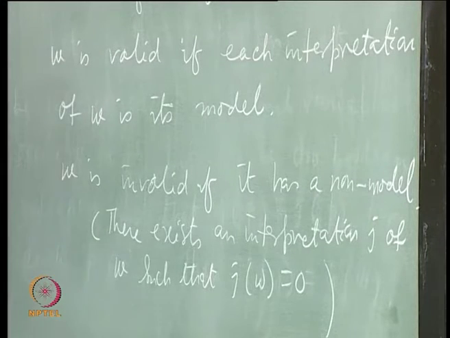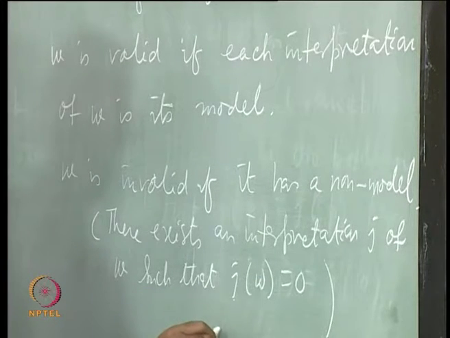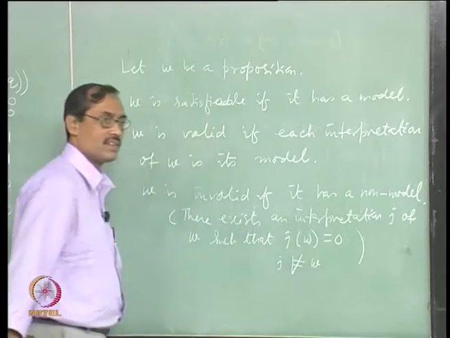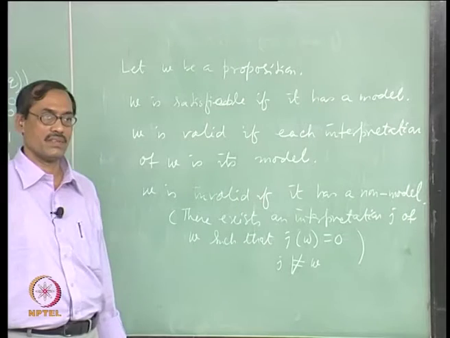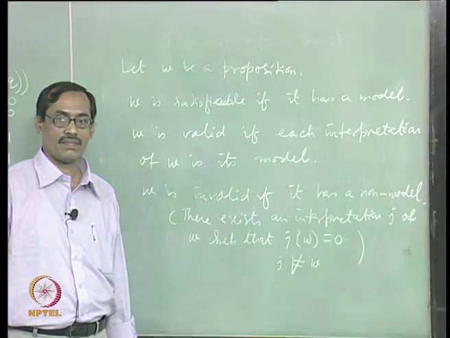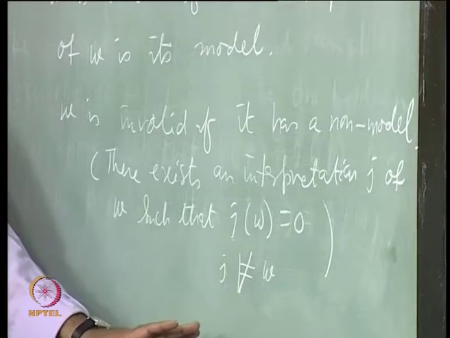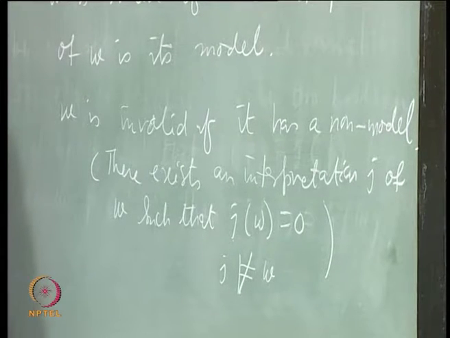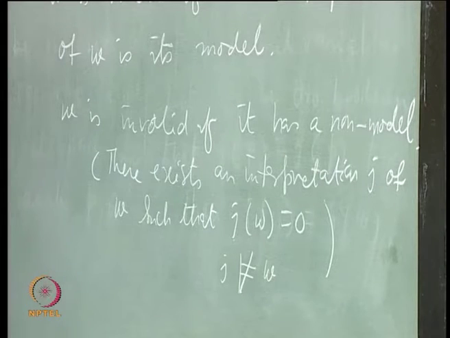So, sometimes to say that it is not a model, we write J does not satisfy W or J falsifies W, these are also some different notations and some different ways of reading it. J falsifies W or J does not satisfy W.